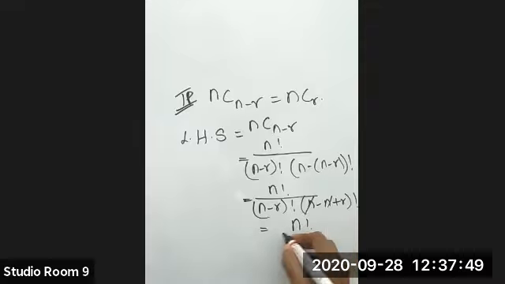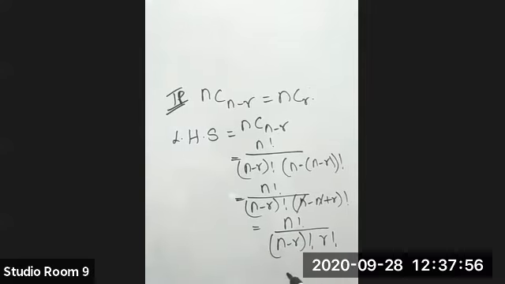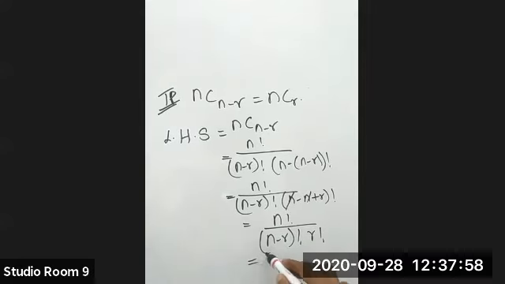So we'll get n factorial by n minus r factorial into r factorial, which is same as NCr, which is equal to RHS. Therefore, NC(n minus r) is equal to NCr. Is it okay?